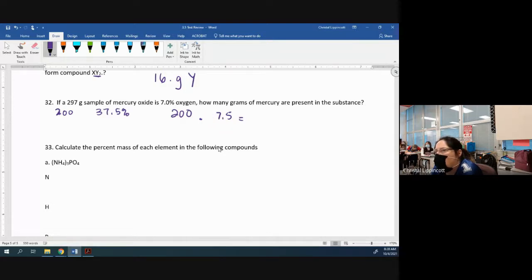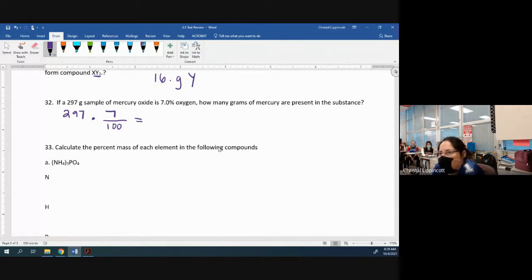So if we are trying to figure out this problem, we're going to use the same methodology. We've got 297 grams. We're going to multiply that by 7, and then we're going to divide that 7 by 100 to get that out of percent form. Okay?